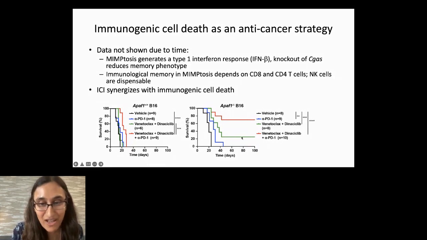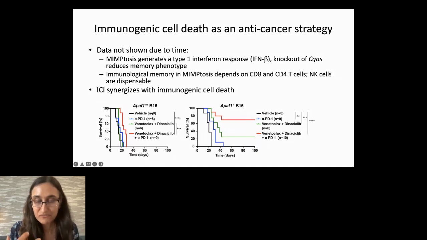And you can see that the drugs or anti-PD-1 alone have limited effect, but together they synergize and more of the mice live. Whereas in the APAP1 positive B cells, where you just get apoptosis, the mice all die.